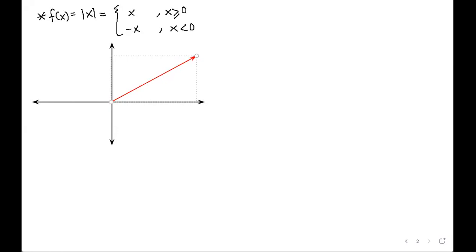For the second one, minus x, it's going to be something like here, like this. So this is the minus x here. And the red one is the function f of x equal x. Again, this is the x-axis here, and this is the y-axis.